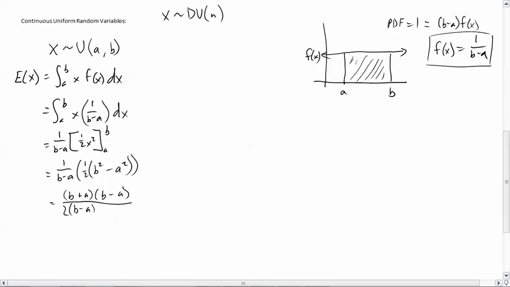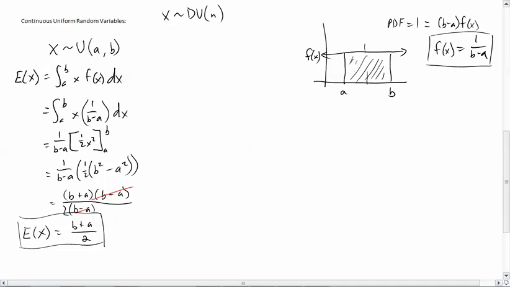You'll notice that the b minus a's cross out, leaving us with the expected value for a continuous uniform variable as b plus a over 2. So we've got the expected value now, which is fairly straightforward, and it makes sense that the expected value should be right in between the two if it's continuous.